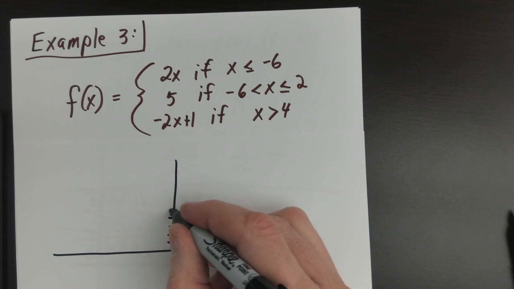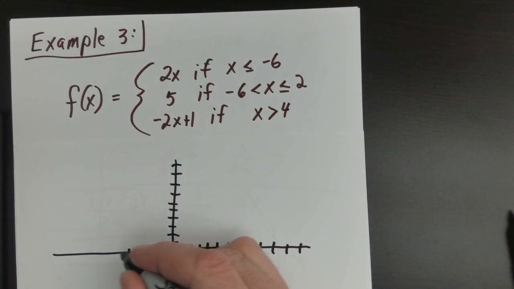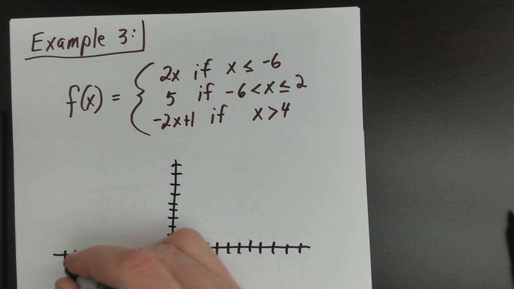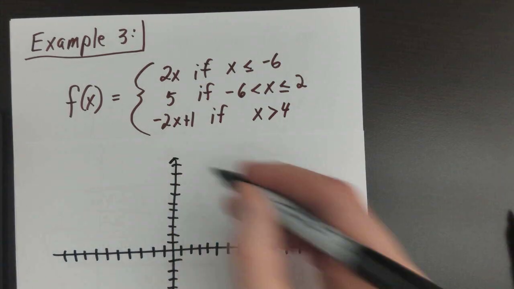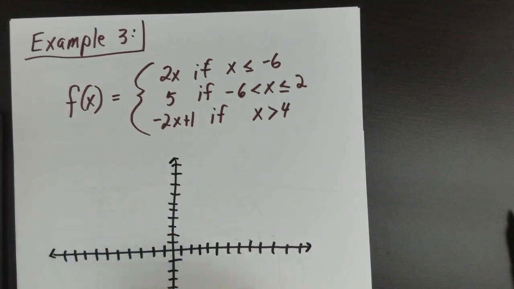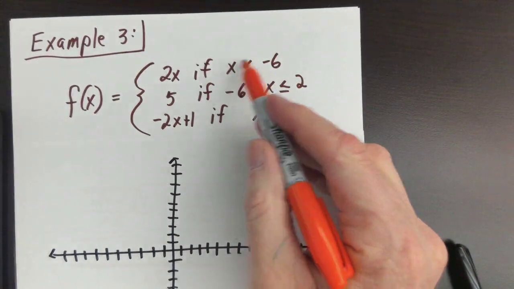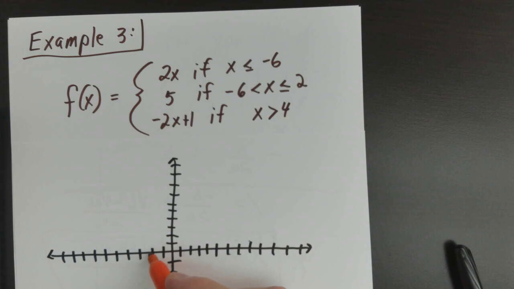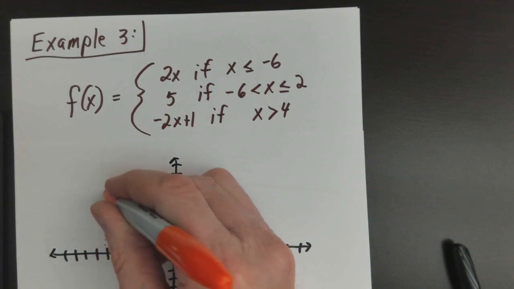Okay, just make your tick marks. Like I said, try to keep them fairly even. And we are going to draw our vertical lines. At -6, 1, 2, 3, 4, 5, 6, we're going to draw vertical lines.